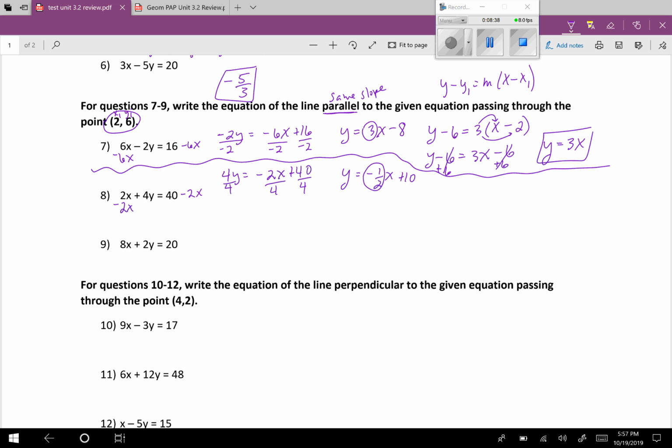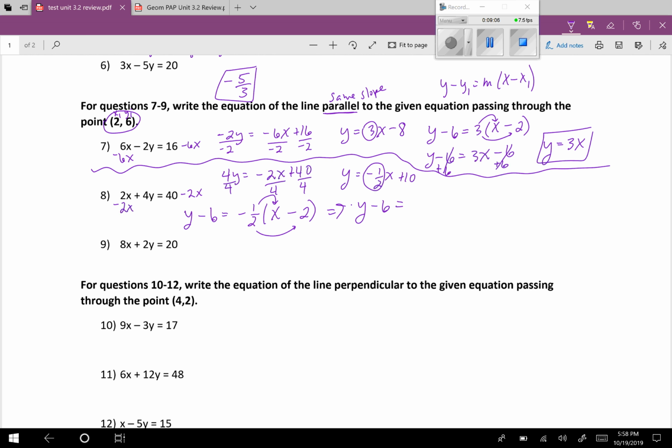And now we just need to plug into point slope form. And again, we're using the point (2, 6) again. So we have y minus, and then the y here is 6, equals m, and this time our m is negative 1/2, times x minus, and we use our x again, 2. So this is going to become y minus 6 equals, and all I'm doing is multiplying this negative 1/2 in here.